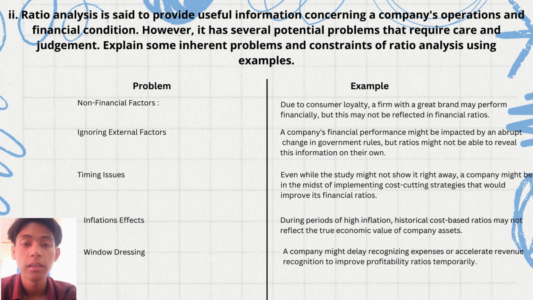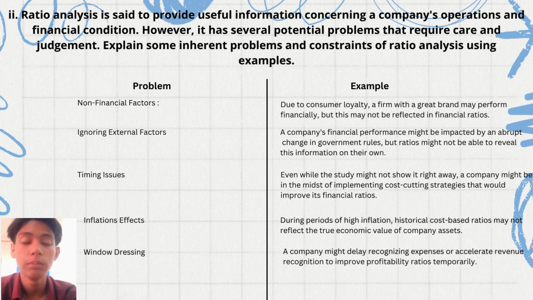Next is inflation effect. The trustworthiness of ratio can be impacted by inflation, which can skew the values of income, obligation and asset. For example, during period of high inflation, historical cost-based ratio may not reflect the true economic value of company asset.